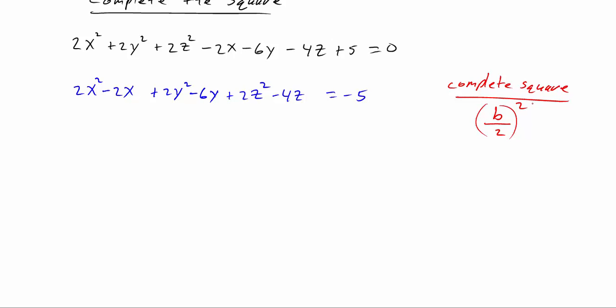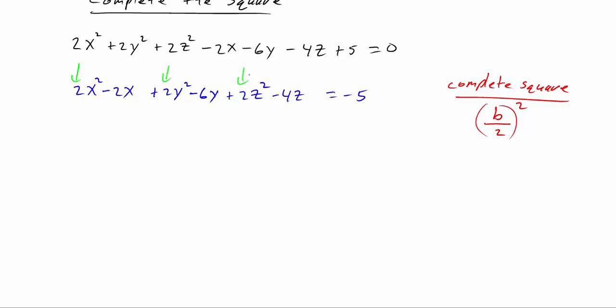So in this case, it would be the coefficient of our x, the coefficient of the y, and then the coefficient of our z. Now, the other part is when we go to complete the square, our leading coefficient here of the x squared must be a 1. So here we have a 2x squared, we have a 2y squared, and we also have a 2z squared. So we have to make each one of those a 1 in order to complete the square.